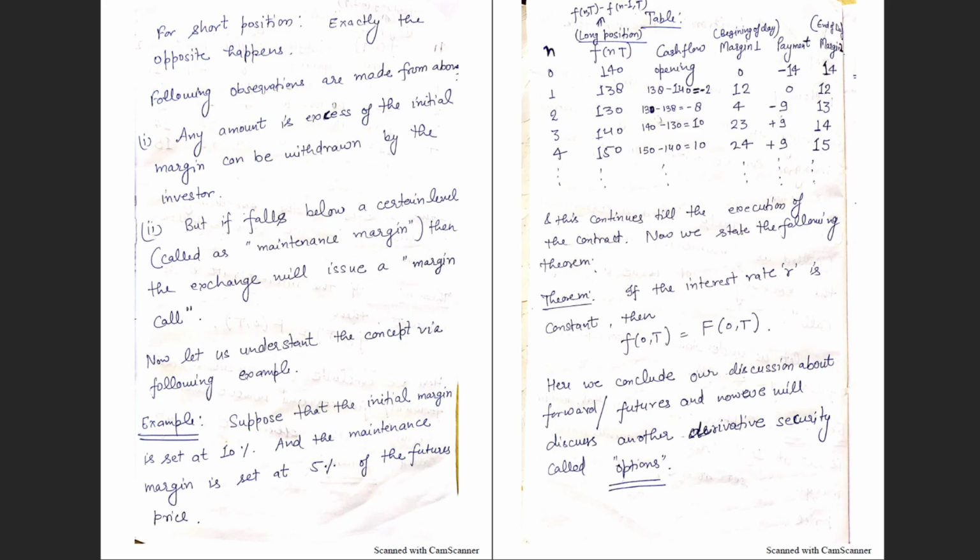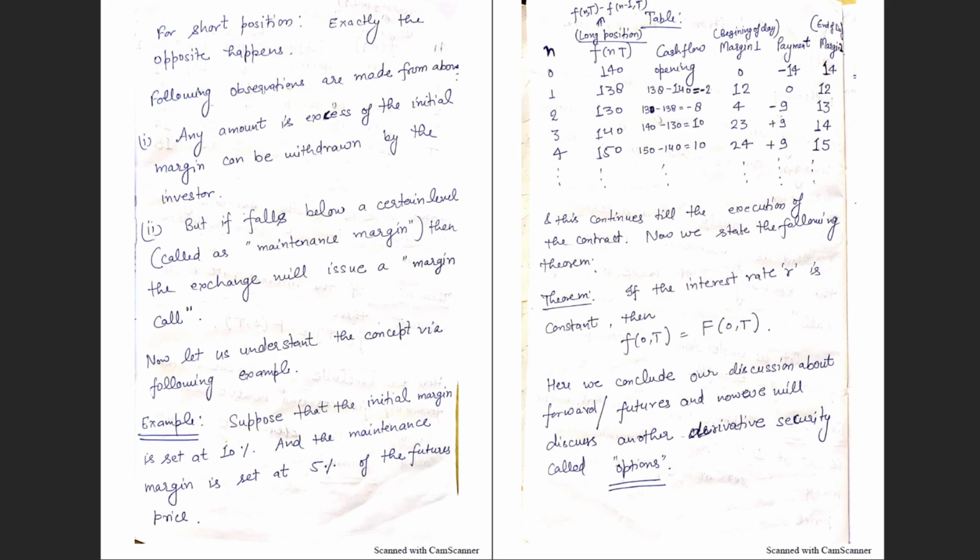So n equals 2, if you come, this is 130. So 130 minus 138, of course latter one minus previous one, is minus 8. The end-of-day margin was 12 in the previous step, so 12 minus 8 is 4. Now it is a problem, because 4 is not even more than 5% of 130, the maintenance margin.